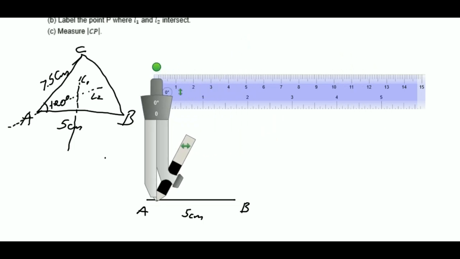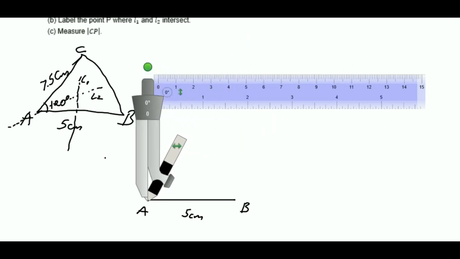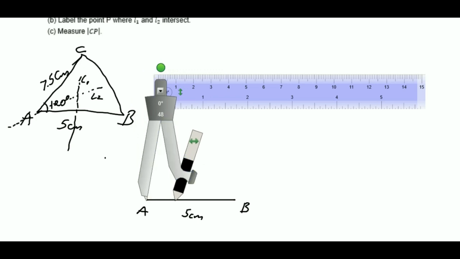If you recall, to construct an angle of 60 degrees, you place your needle point here, and there. If I want to construct angle 60 degrees on this side, then I will draw my arc on this side of the line. But if I have my angle 60 degrees on this side of the line, that implies that my 120 degrees will be on the other side of the line.